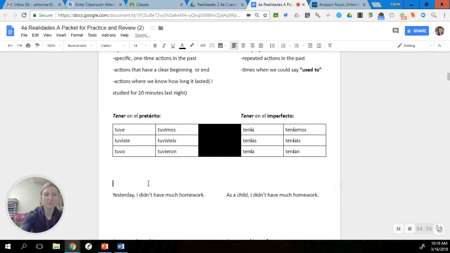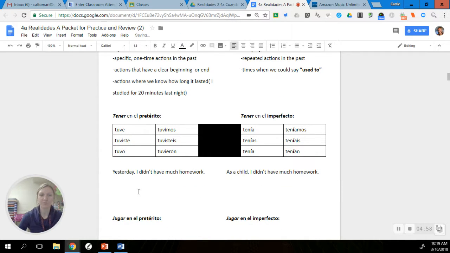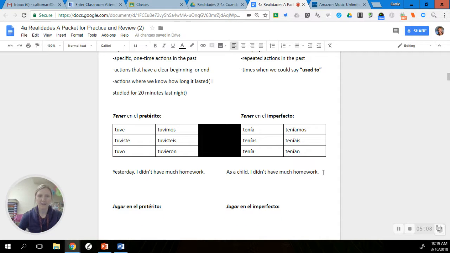And in class, we'll go through and practice all the different types of verbs you're going to be using here with these in the correct endings. So if we want to go through here and just do a couple examples, if we were saying, yesterday I didn't have much homework. This is an example of the pretérito. You would say, ayer no tuve mucha tarea.